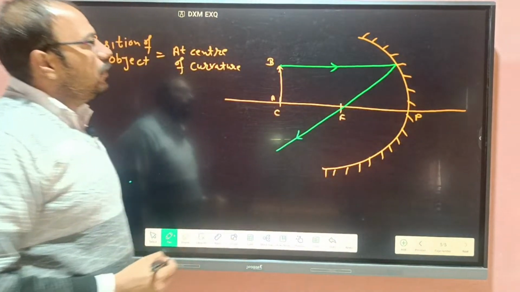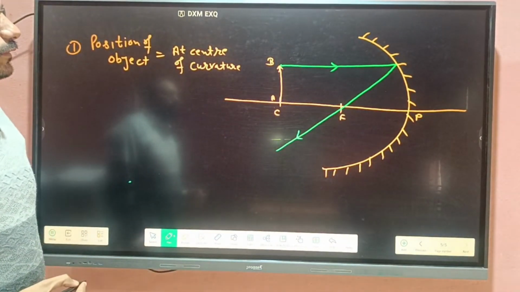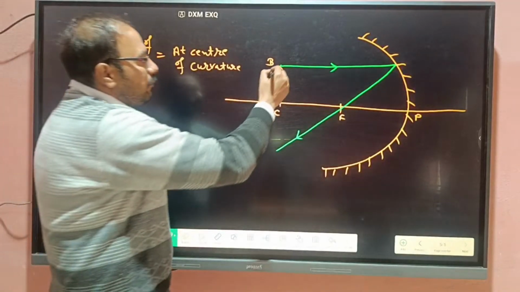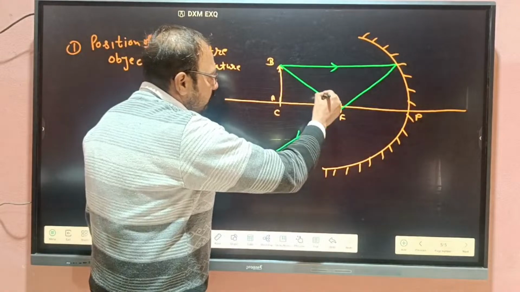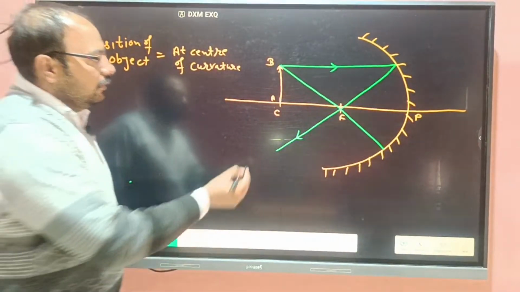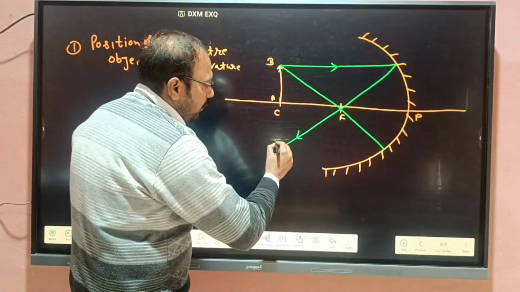Another ray passes through the focus and then goes parallel, like this.